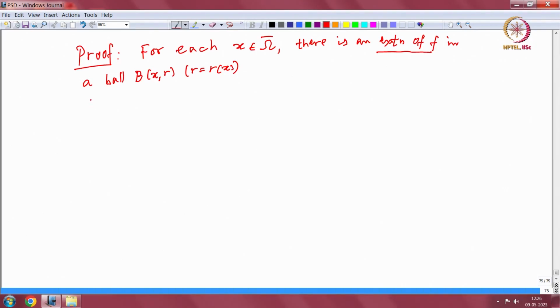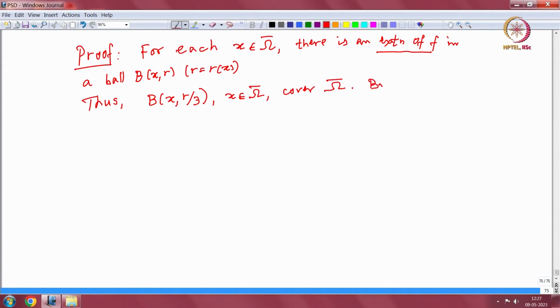So these balls cover omega closure. You take a smaller radius, that will also do; this is for technical reasons. As x varies in omega bar, these balls cover omega bar.